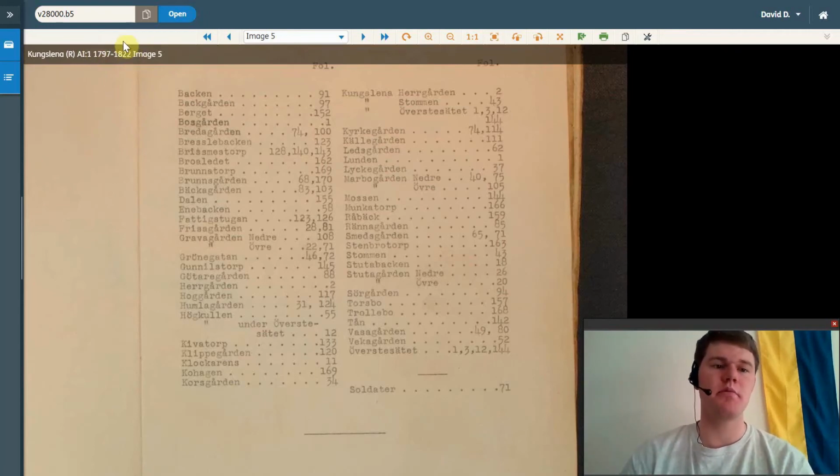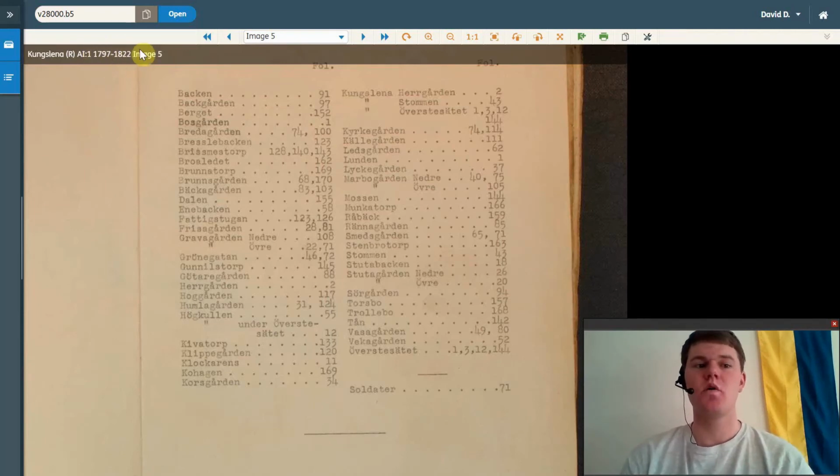And this is a pretty broad range of years. Usually it's not that large. But then I'd look for them in the years 1797 to 1822, or from when they moved into that village to 1822.